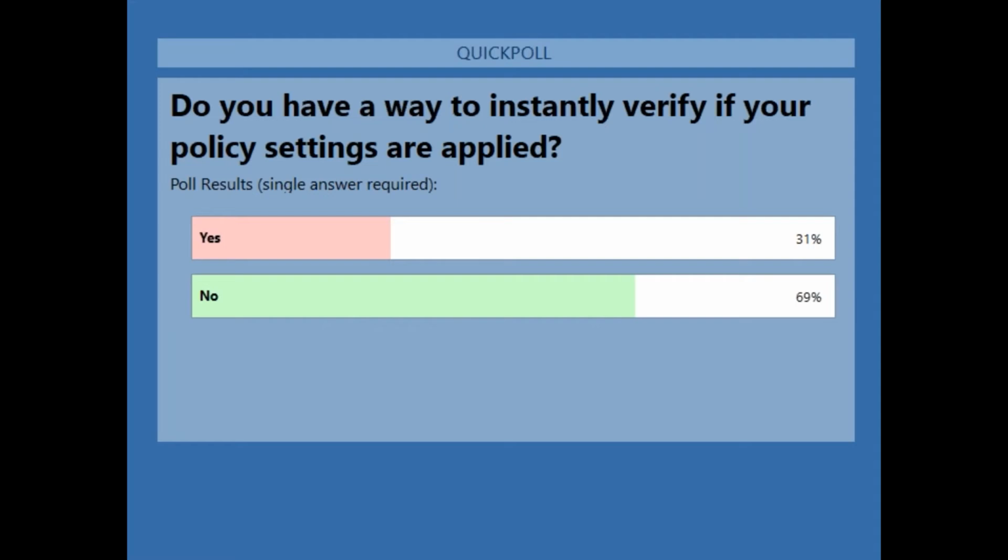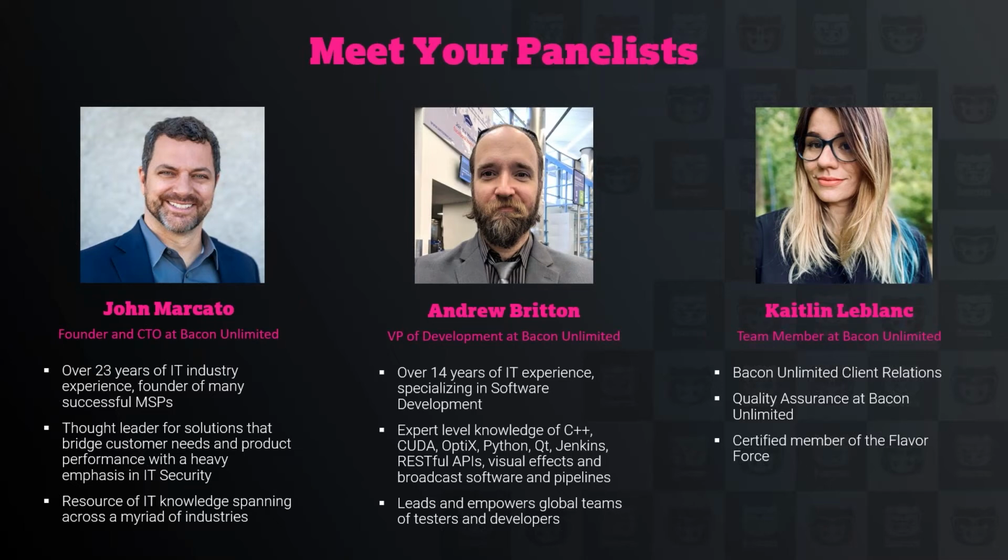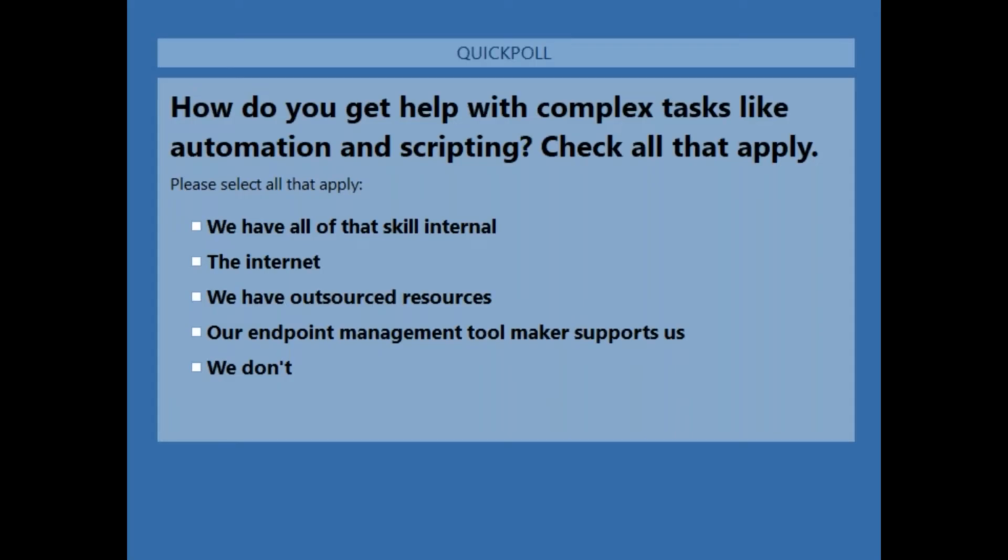We do have just one more poll, and it's sort of related. How do you get help with complex tasks like automation and scripting? It could be none or all of these answers, or some combination.